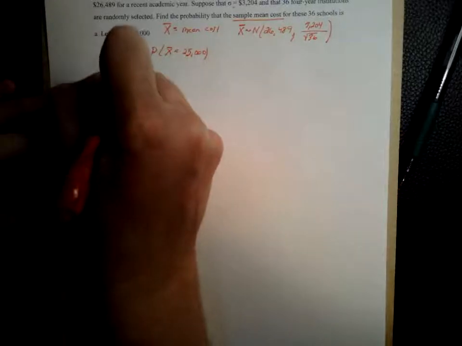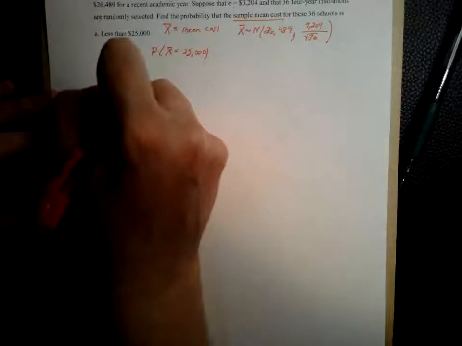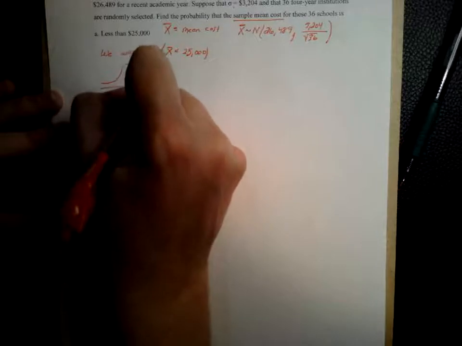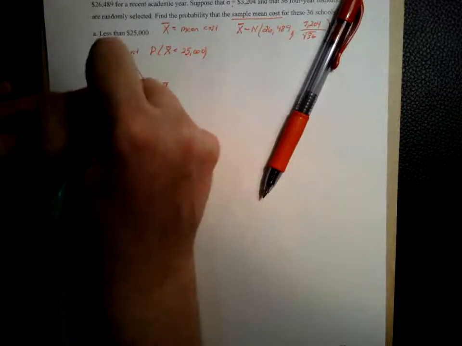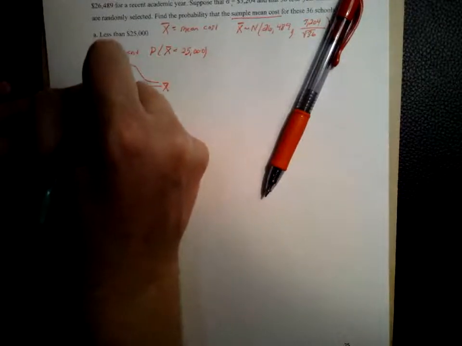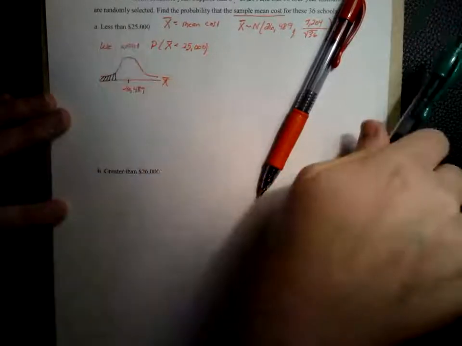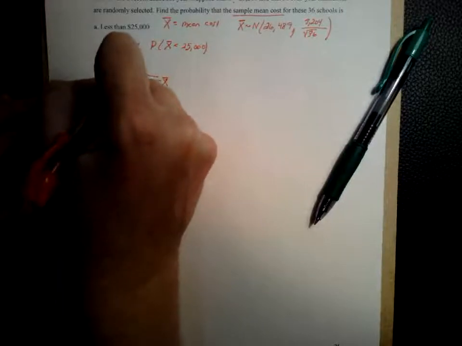It's approximately normal, and it has a mean of 26,489, and 25,000 should be roughly around here. And we're interested in the area to the left of that because we want the probability of getting less than 25,000.